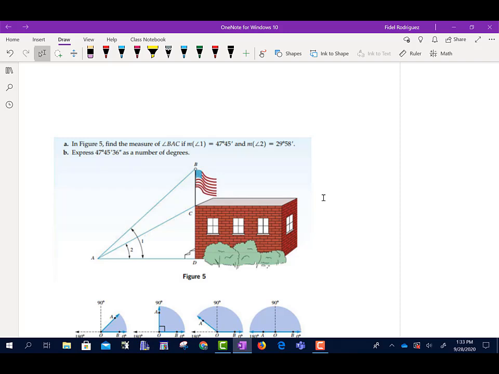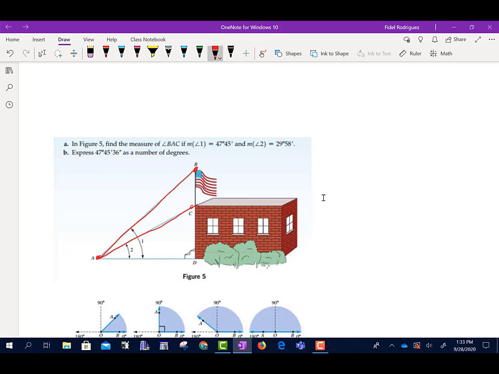So part A says, in figure 5, find the measure of angle BAC if the measure of angle 1 is 47 degrees 45 minutes and the measure of angle 2 is 29 degrees 58 minutes. Okay, so we want to find the measure of angle BAC. So we're looking for this piece right here.